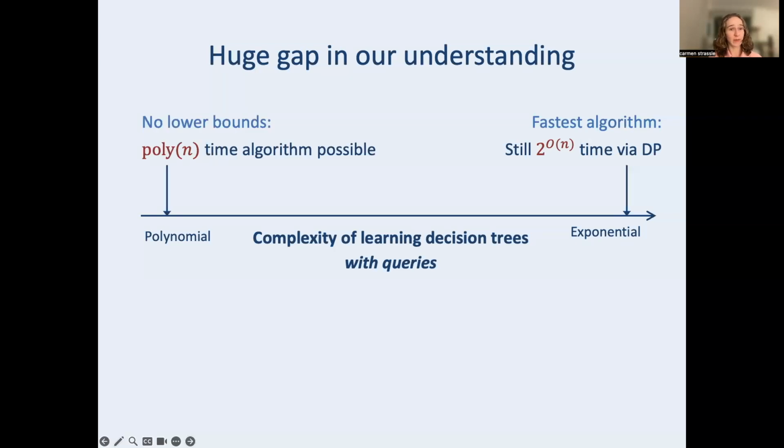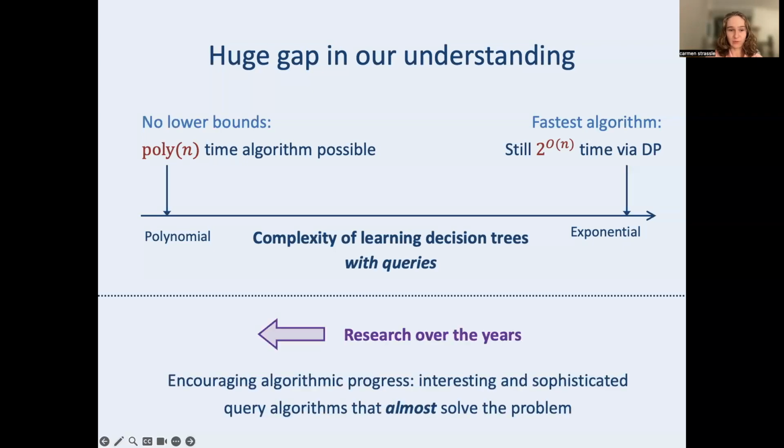There are no lower bounds. So a truly efficient algorithm, a polynomial time algorithm, could be possible. So there is this huge gap where the fastest algorithm is exponential and there are actually zero lower bounds. So that's one reason that this is a good line of research to pursue.